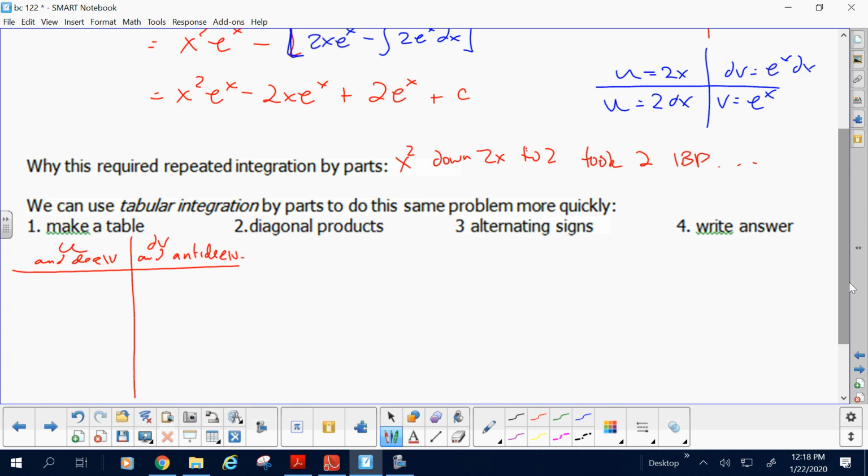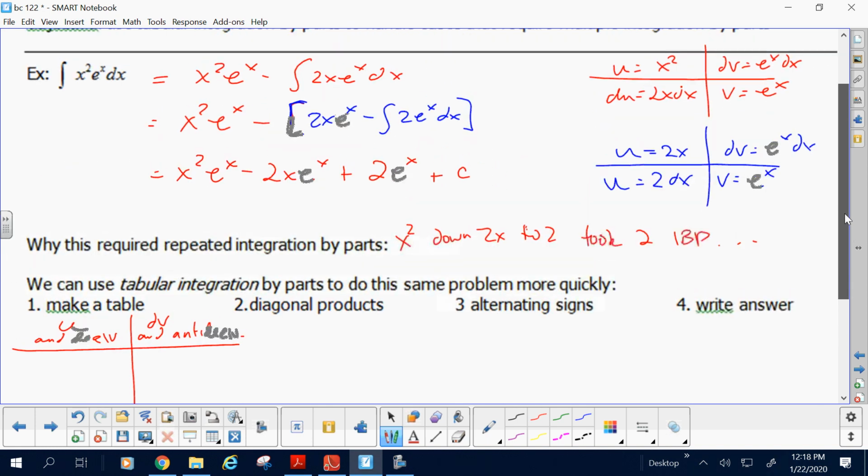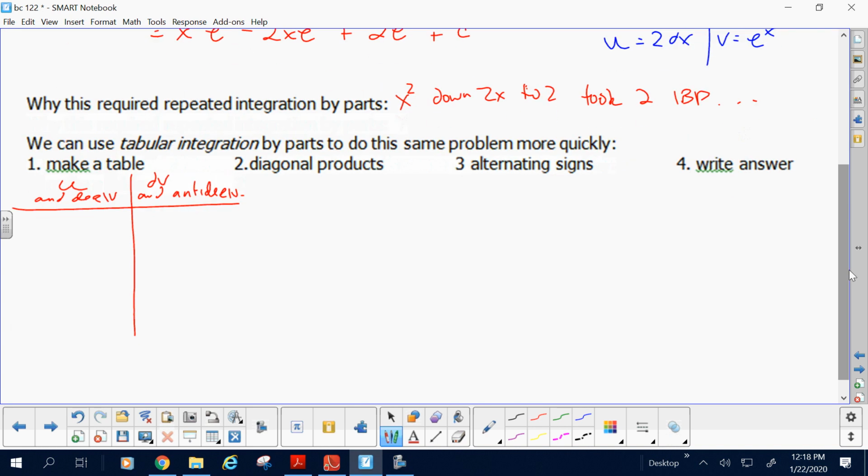Right? Now, at the top of the table, just like you do in integration by parts, you choose your u and your dv. We let u equal x squared, and dv was e to the x dx, okay? X squared and e to the x. Now don't worry about the dx, I'm just going to leave that off. But as you take derivatives of x squared, you go to 2x, then 2, then 0.